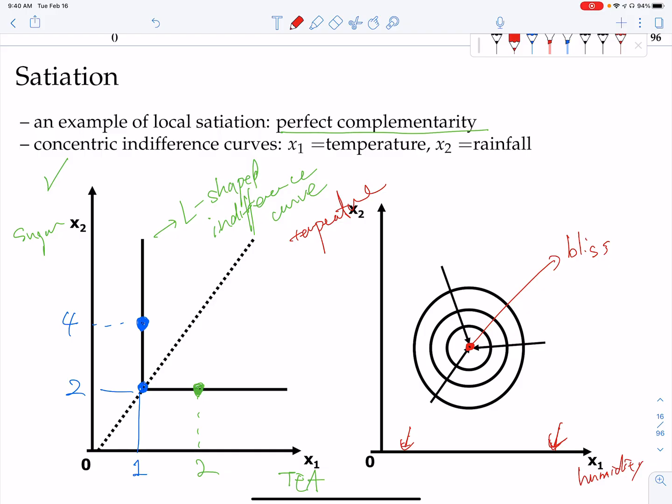And in terms of temperature, you don't want to live in a place where it's too cold, or you don't want to live in a place where it's too hot.